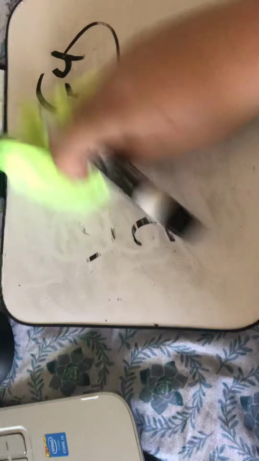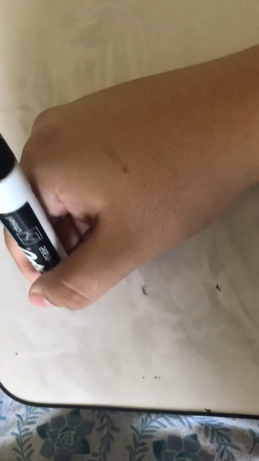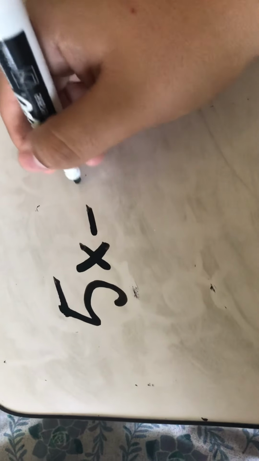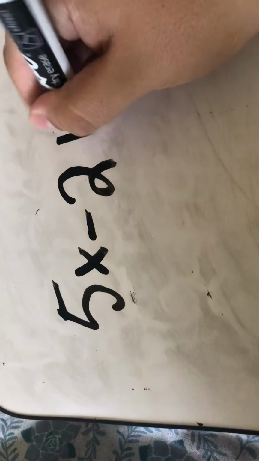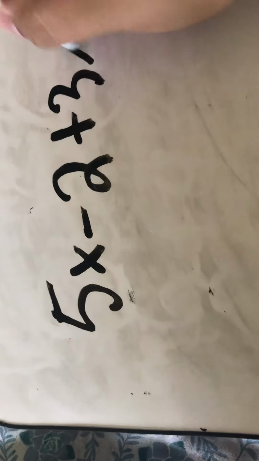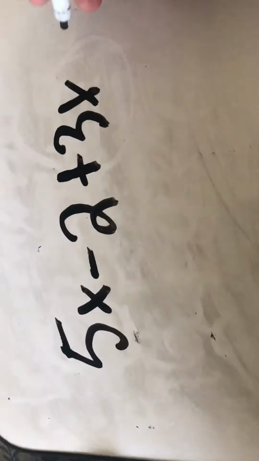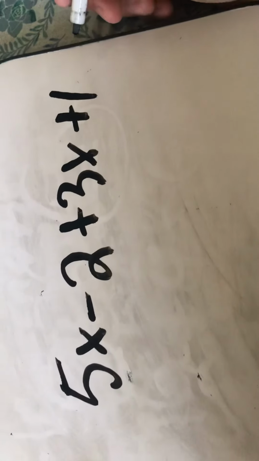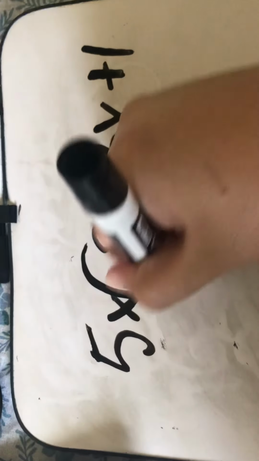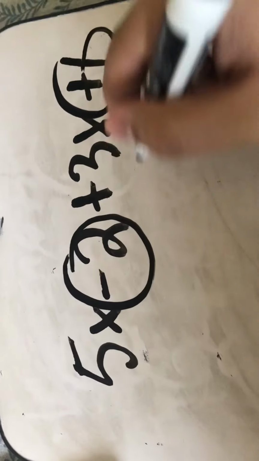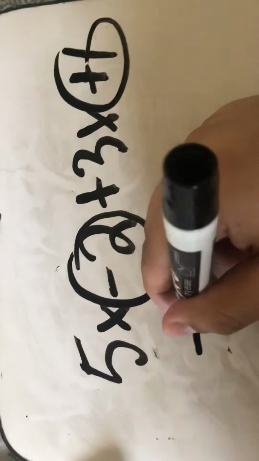Subtraction, same thing too, okay? You could also subtract when simplifying terms, okay? So let's say we have a 5x minus 2 plus 3x plus 1. Okay, right here, we have a minus 2 and a plus 1. So circle the ones that are the same, the 2 and the 1, right? They're both regular numbers.